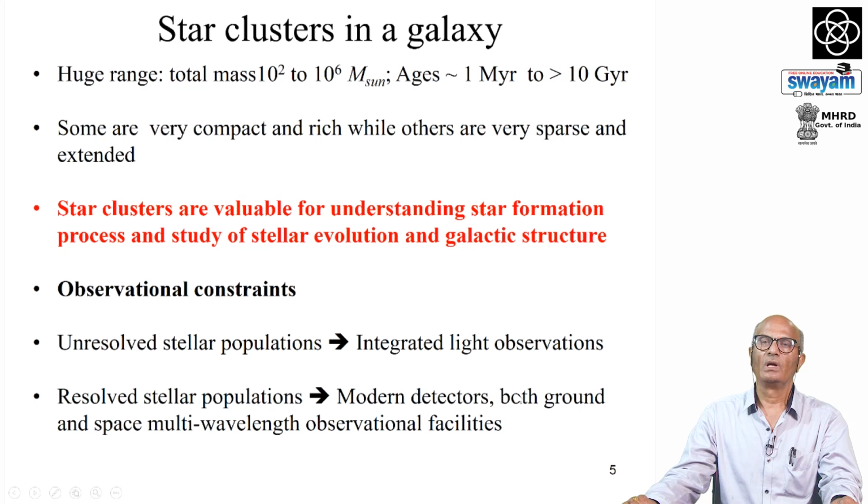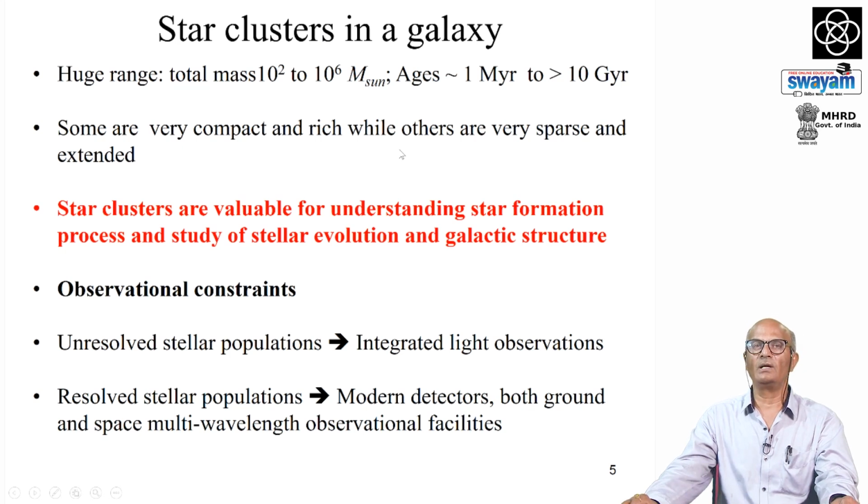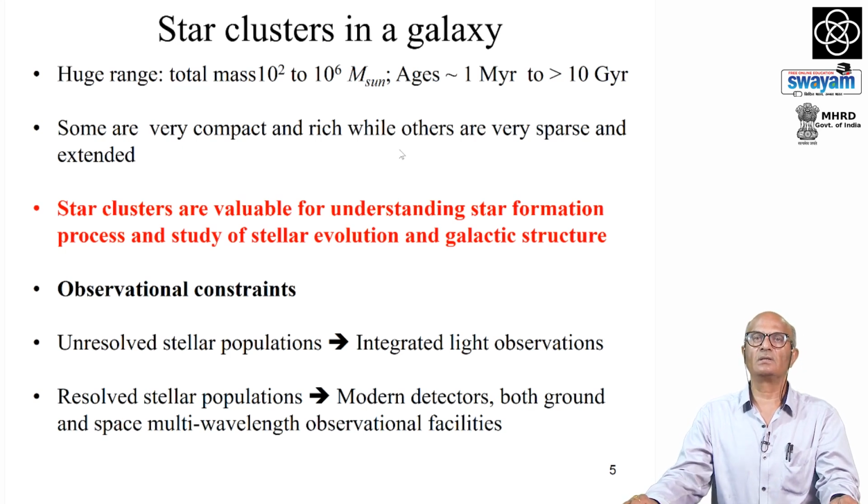So, if we try to summarize the properties of star clusters in a galaxy, they cover a huge range in total mass, depending upon how compact they are. It could be from 10 to the power 2 to 10 to the power 6 solar masses.